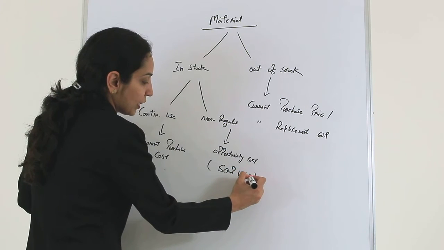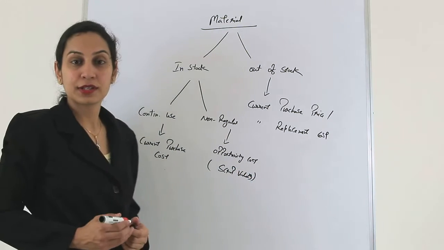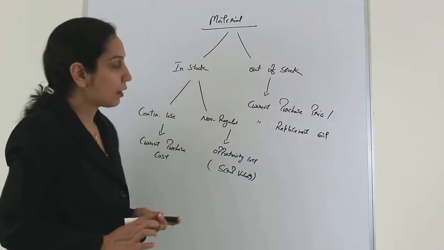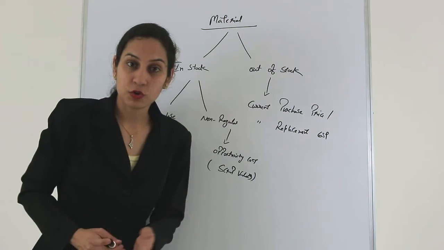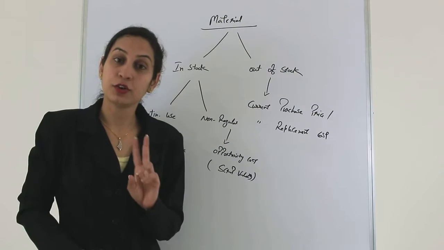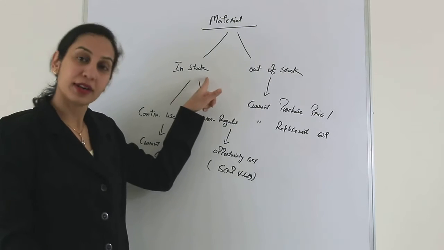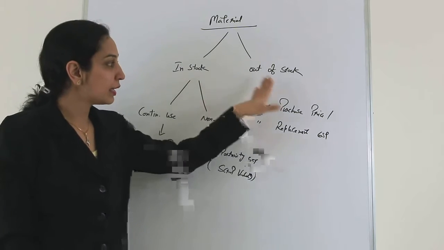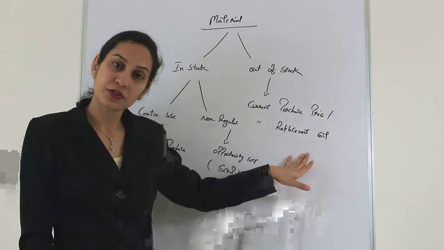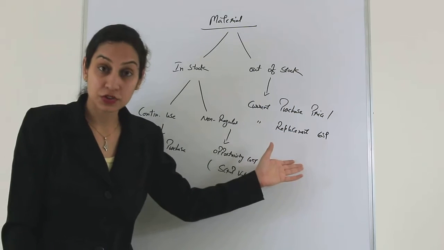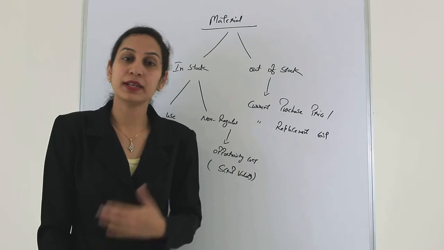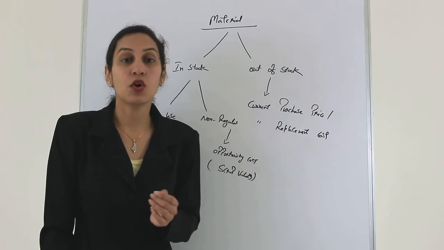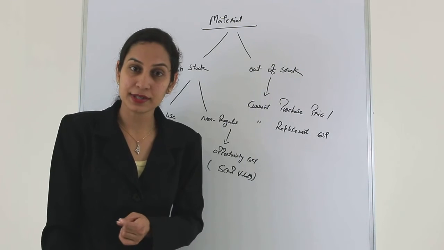So let me quickly run you through this diagram once again. What is the relevant cost for material? There can be two situations. The material is already in stock, or the material is out of stock. If material is out of stock, it needs to be purchased. If it needs to be purchased, the relevant cost will be current purchase price or current replacement price.